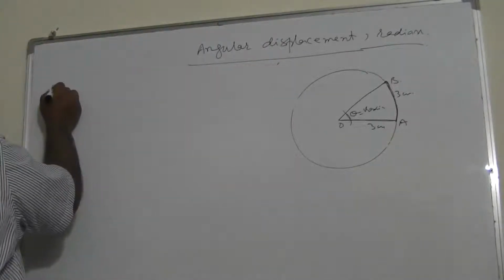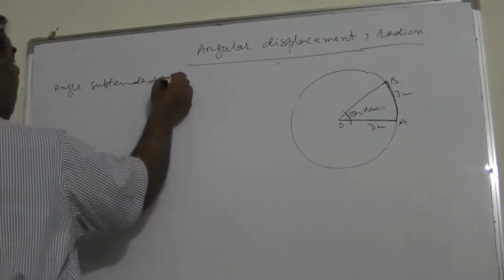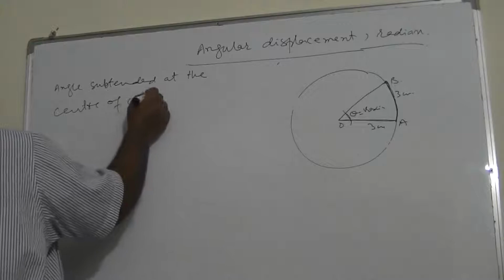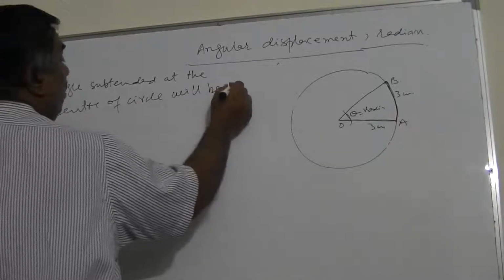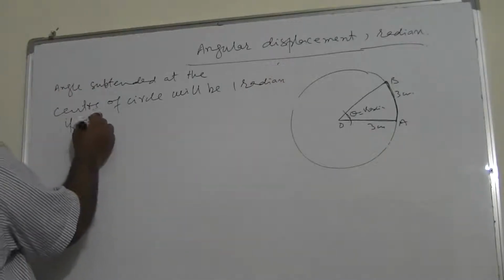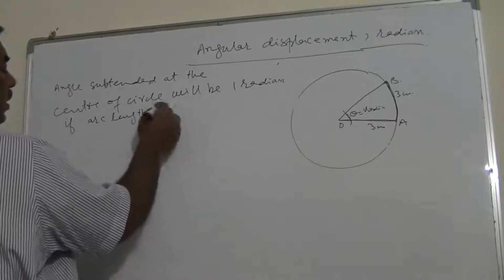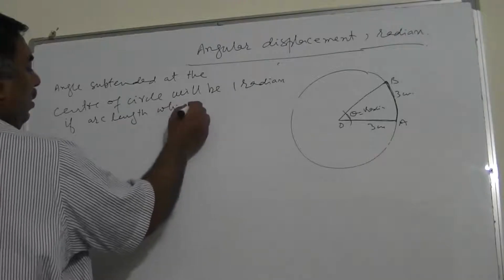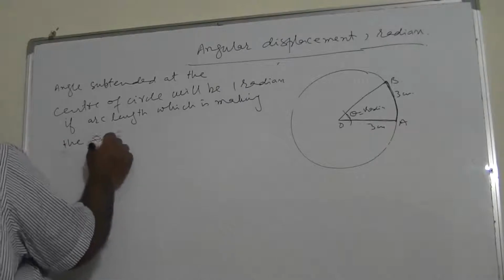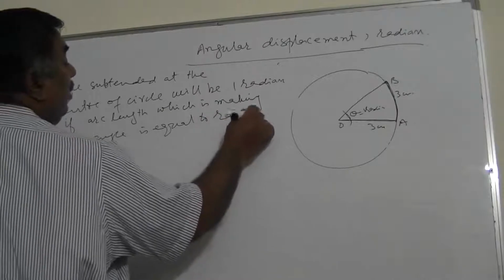I will say the angle subtended at the center of the circle will be 1 radian if the subtended arc length, which is making the angle, is equal to the radius of the circle.